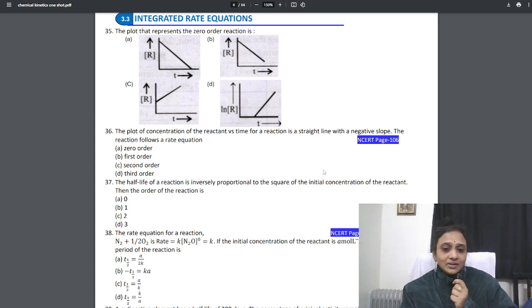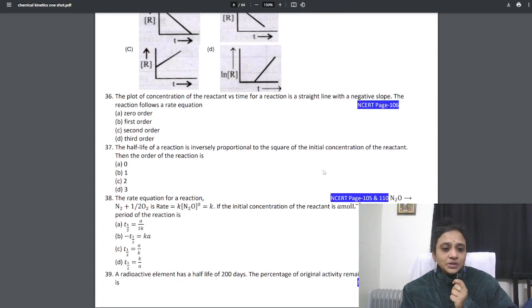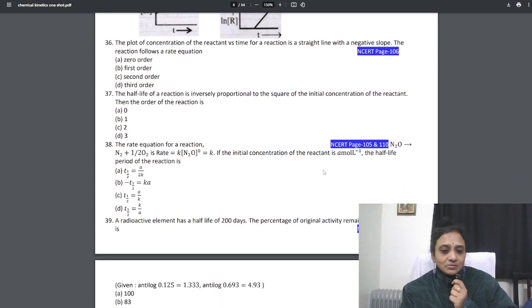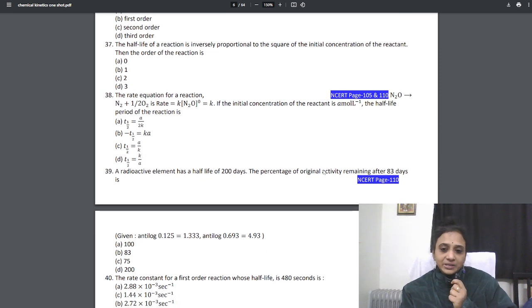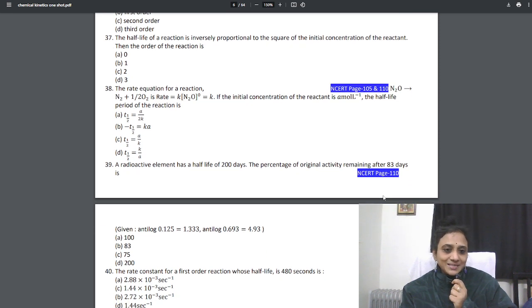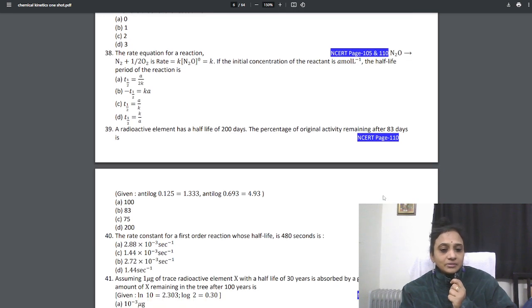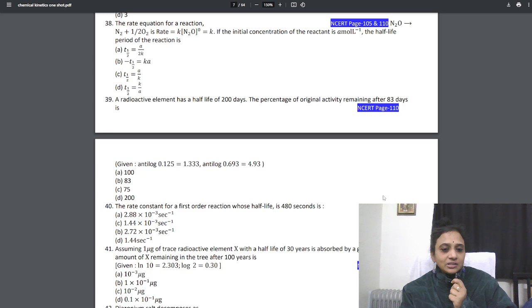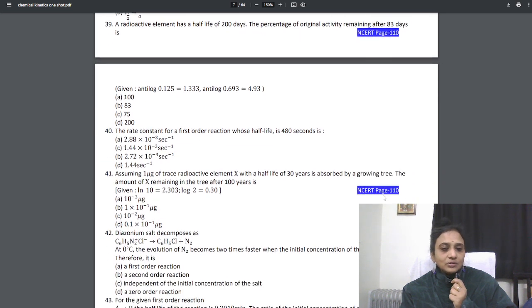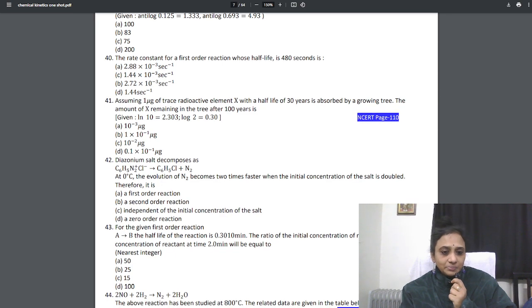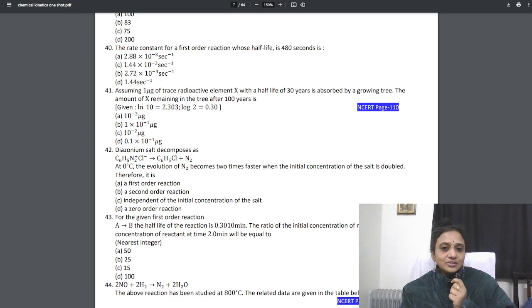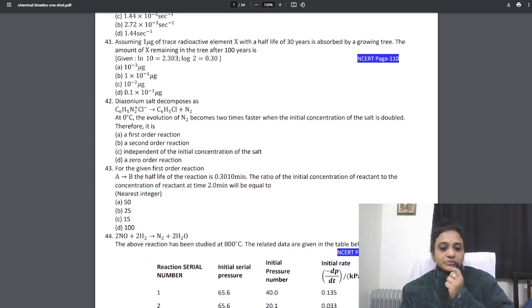From there, gradually we are going into questions based on units, half-life period formulas, finding the log value, giving the anti-log value, calculating half-life period, calculating rate constant. Like that, page wise I have taken different concepts for you all.